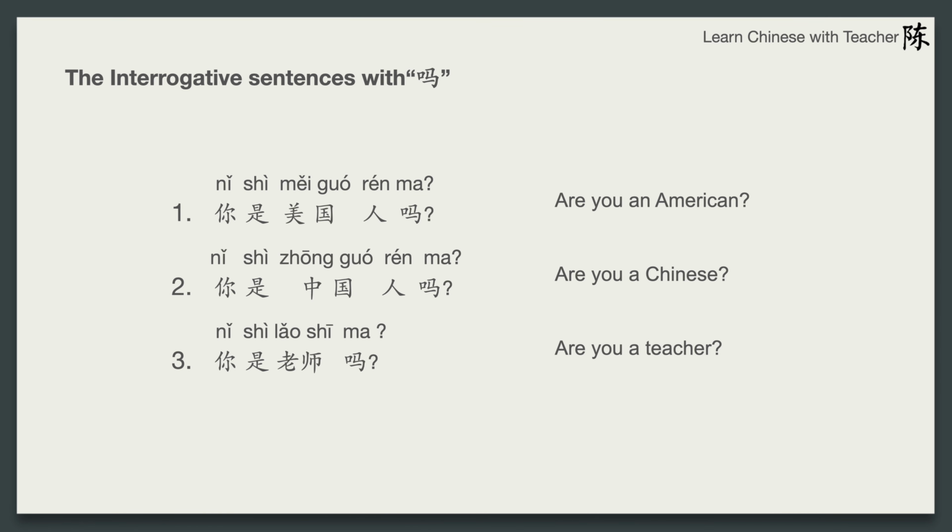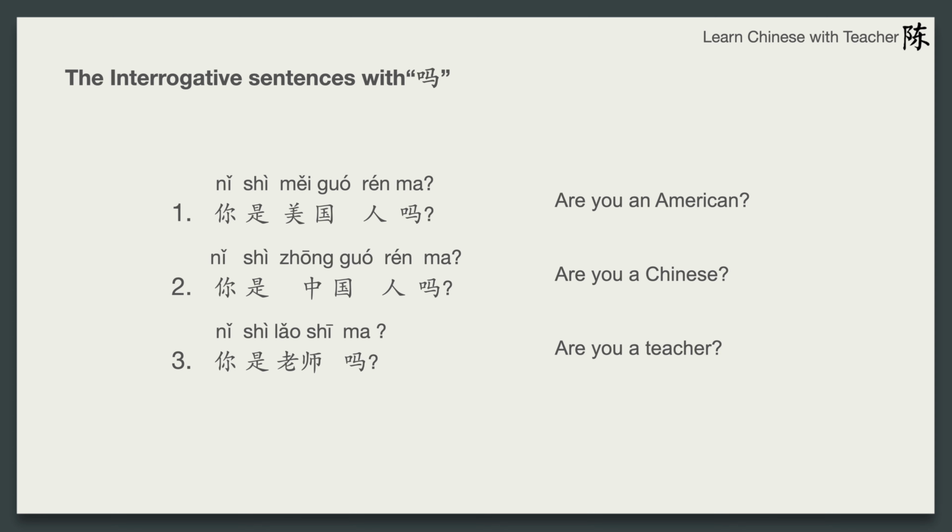Now we'll learn how to ask a yes or no question with ma. Ma is a particle. It indicates an interrogative mood. When ma is added at the end of a declarative sentence, the declarative sentence turns into a question.